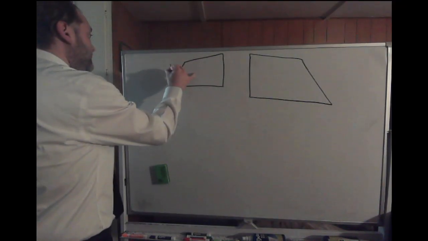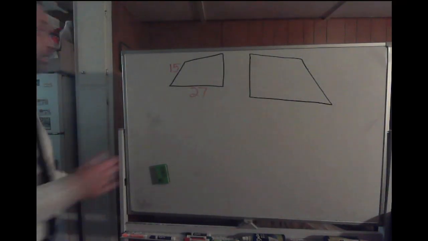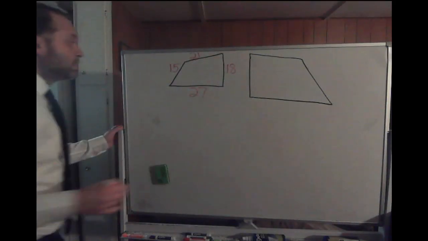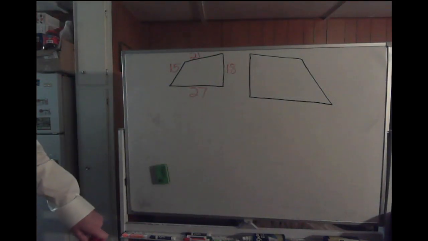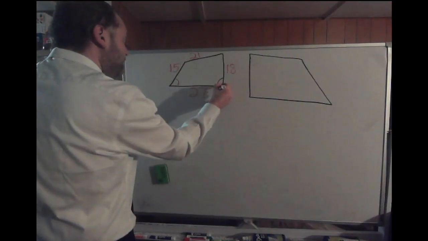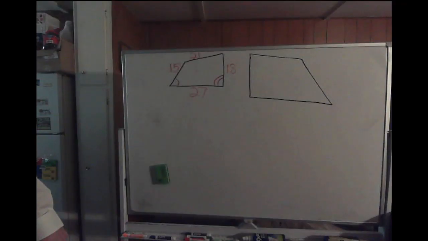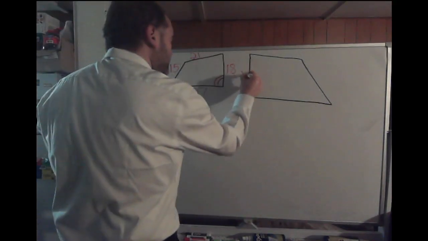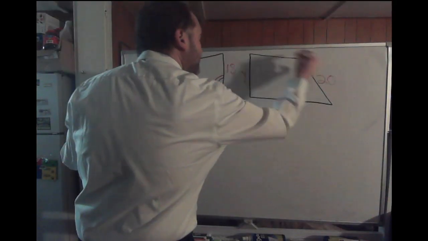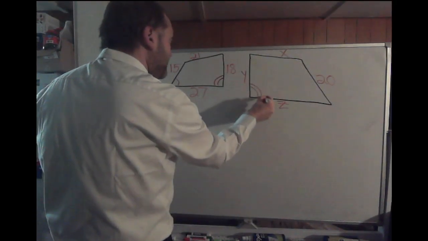So 15, 27, 18, 21, we get similar angles here. We got Y, Z, 20, and X. Okay, and then this time we have it backwards.